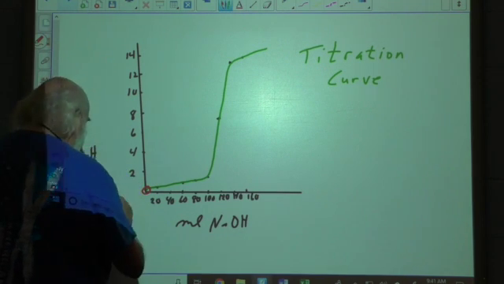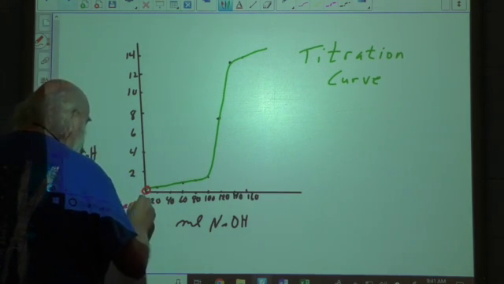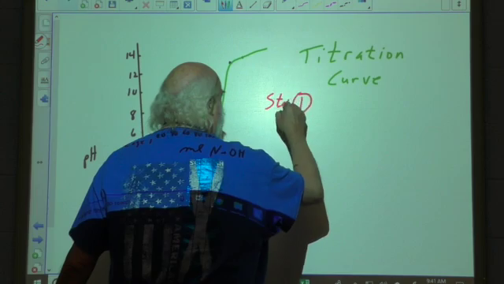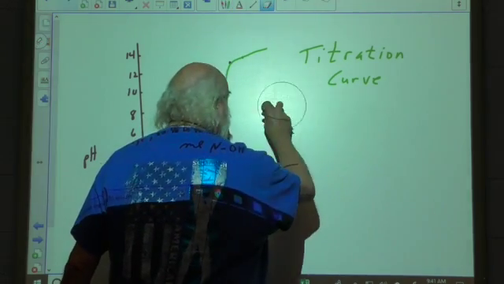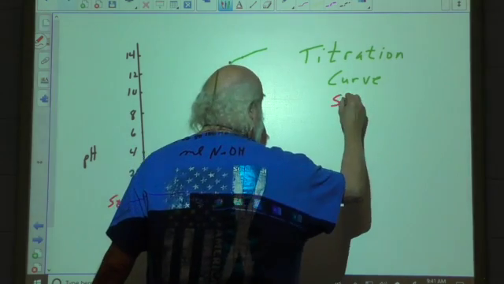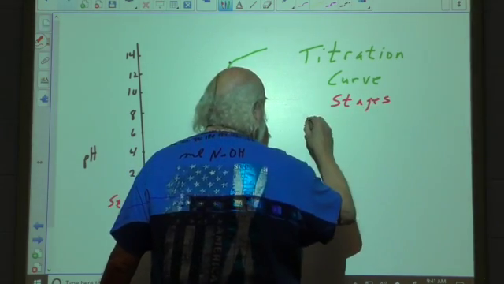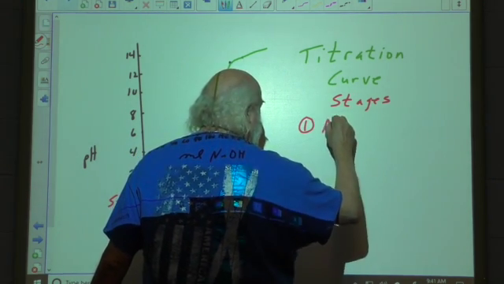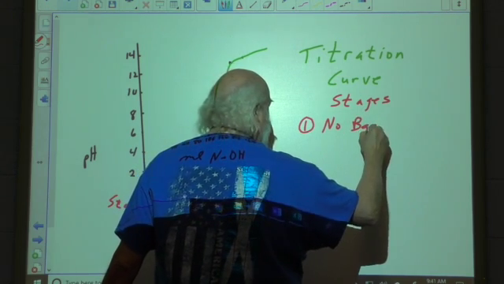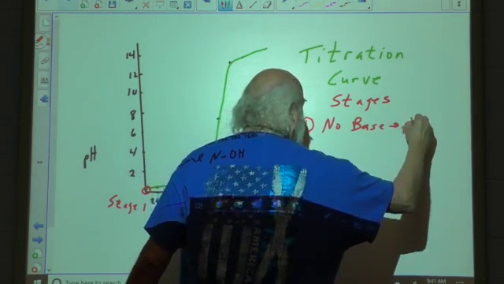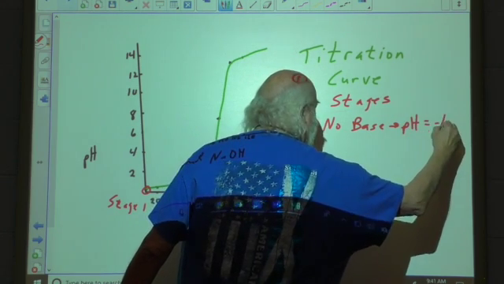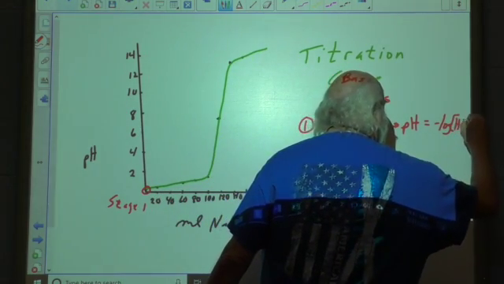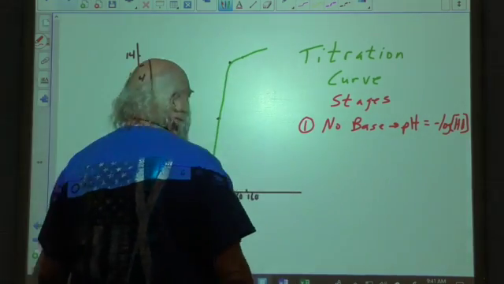So we have no base, which means that the pH is going to equal the negative log of the concentration of the acid, whatever it is.